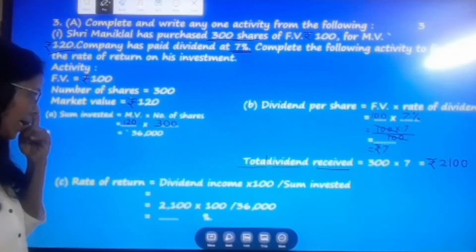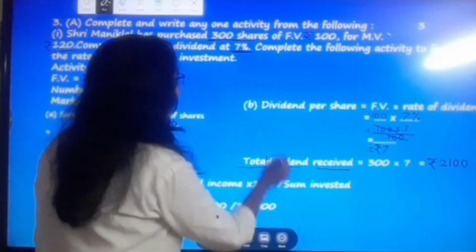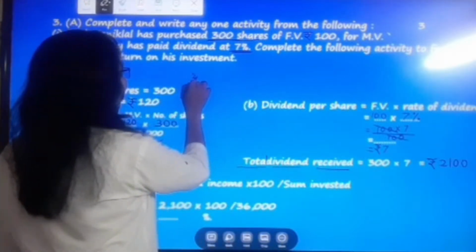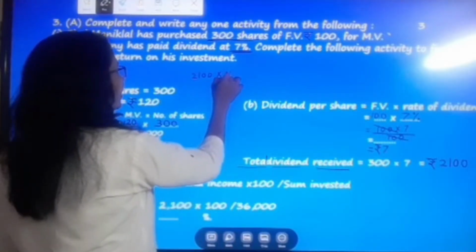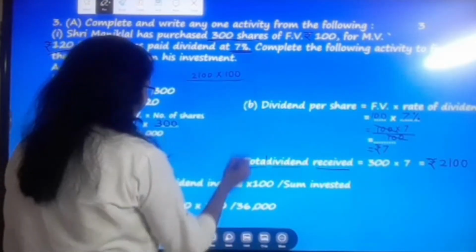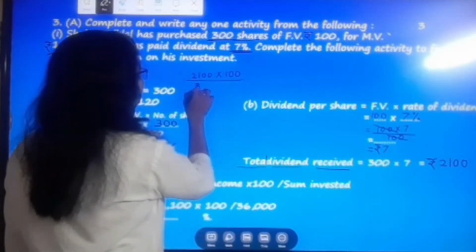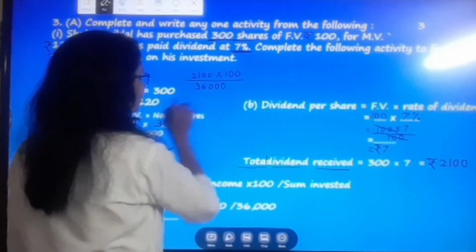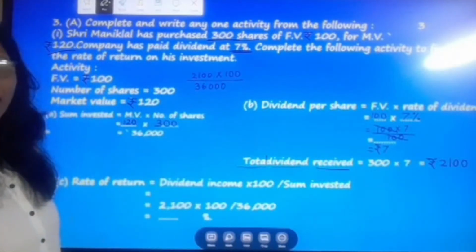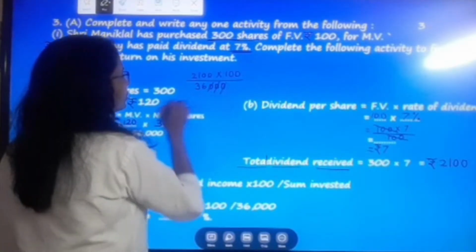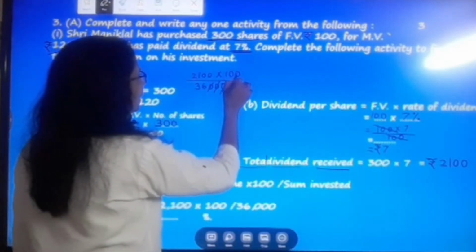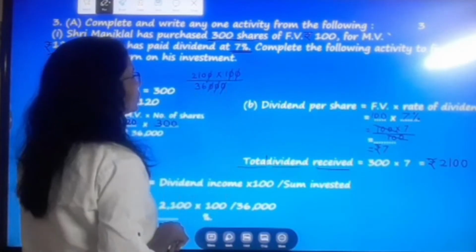So here we calculate 2100 multiply 100 divided by 36,000. I write it this way. So here 3 zeros get cancelled from the denominator, and in the numerator also 3 zeros cancel.